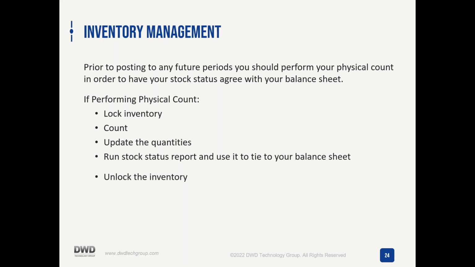The other thing I caution people with regards to the physical count is make sure that you are counting what was on hand at the time that you locked that inventory. Sometimes people need to continue receiving or shipping inventory. And if, for example, I had 10 on the shelf at the time that I locked that inventory, and I received 5 and I sold 3, it looks like I've got 12 on my shelf.